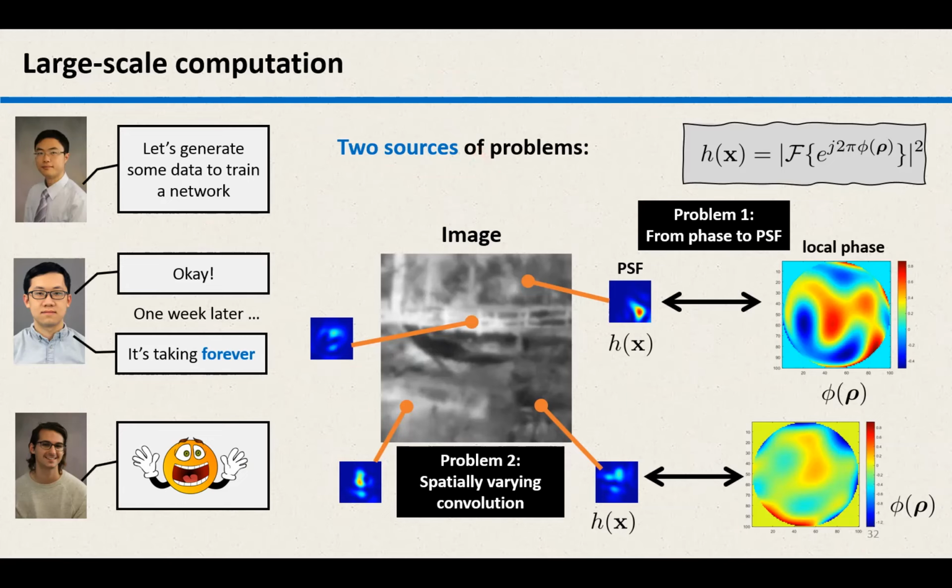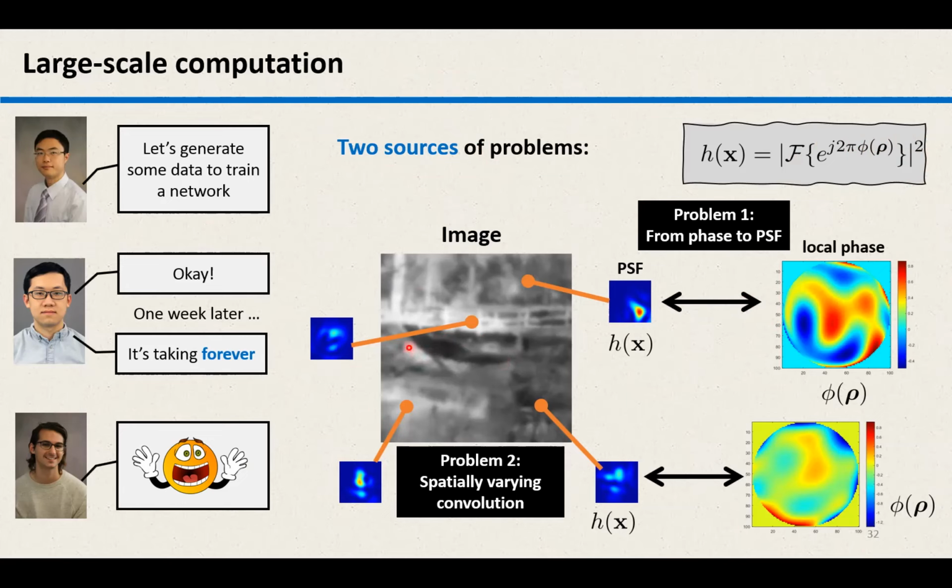The first reason is that, as I mentioned, every point spread function has a local phase. In order to get the point spread function, you need to take this Fourier transform, magnitude squared, e to the power something. You need to repeat this for every pixel in the space. That's taking forever.